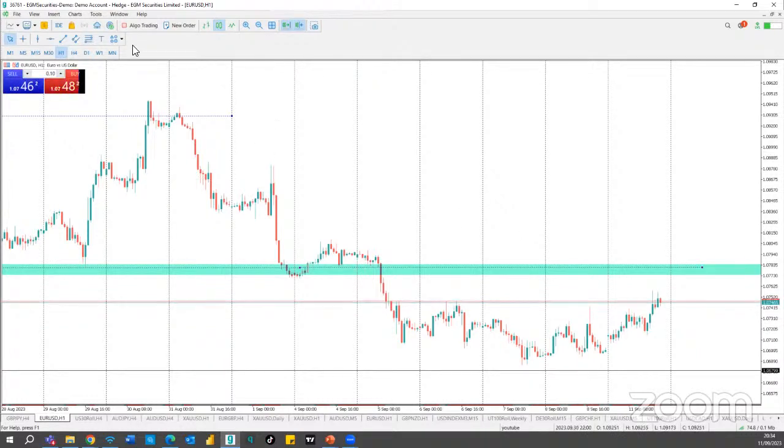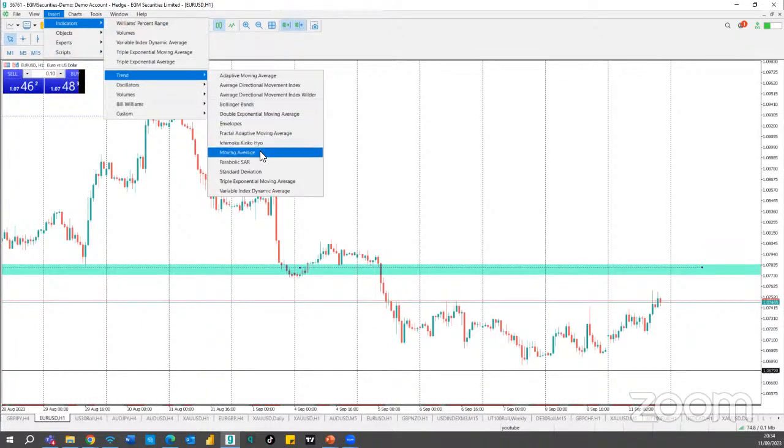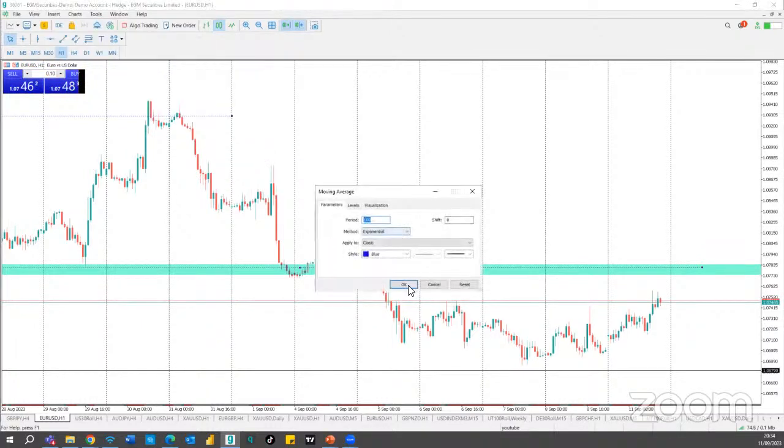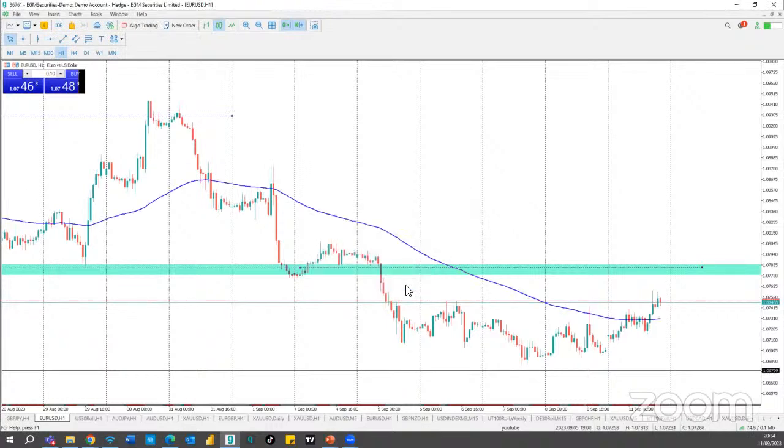I know many people don't like that, but you might want to insert a moving average. With a moving average, it might give you a break of that level or breakout, then retest, confirmation to the upside up until it hits that level.